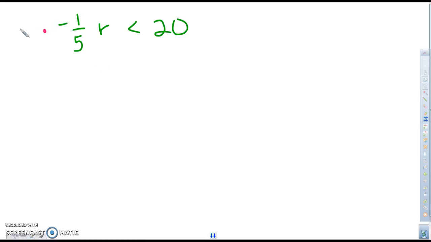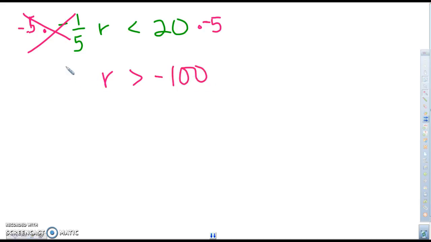If I multiply by the reciprocal, that's -5. I'm multiplying by a negative, so I need to remember to flip my sign. This stuff all cancels. I'm left with r. 20 times -5 is -100. So I have r such that r is greater than -100.